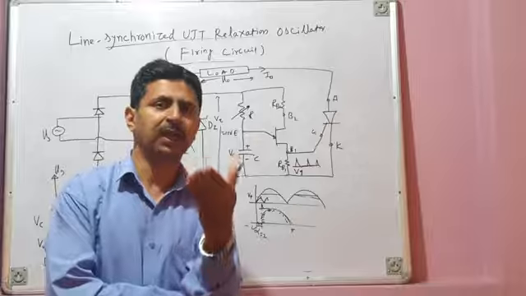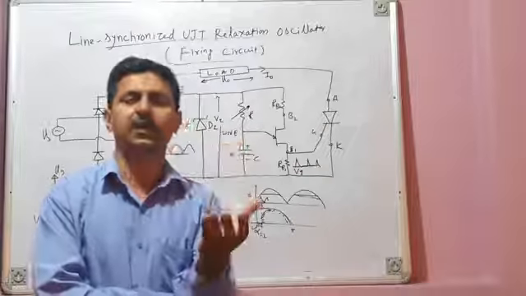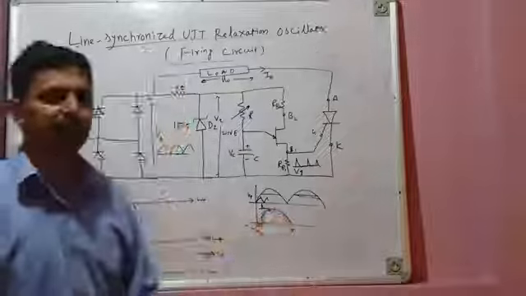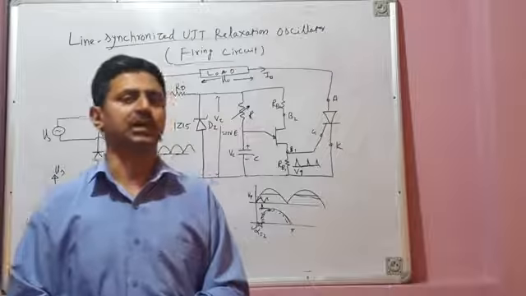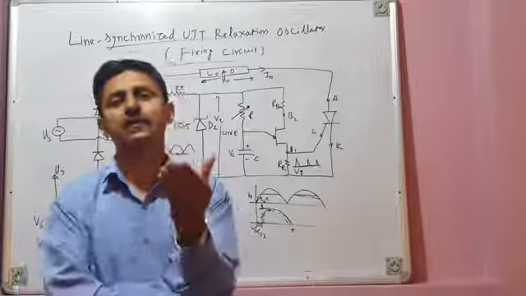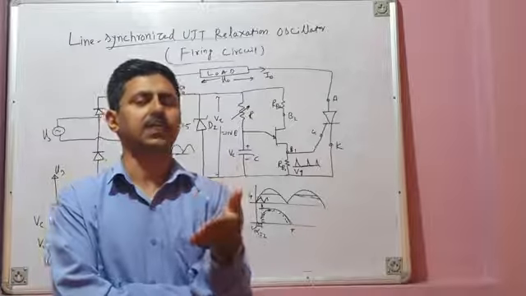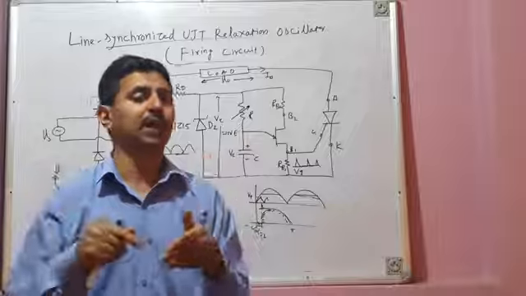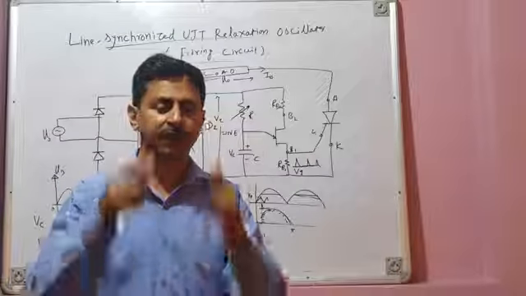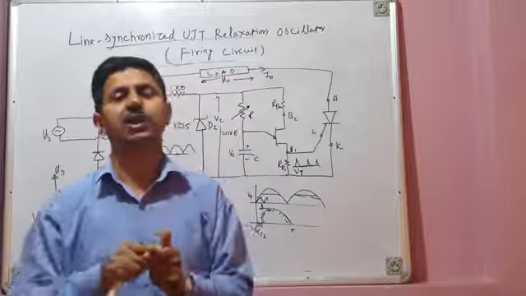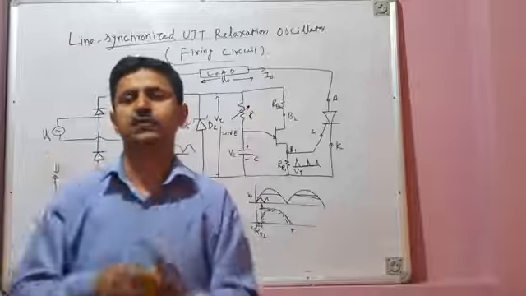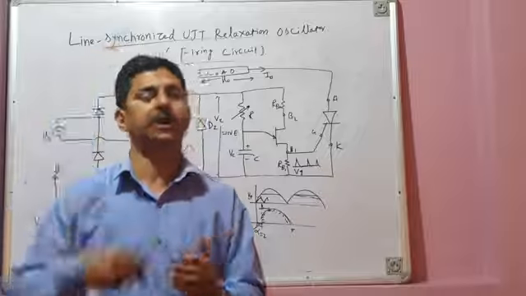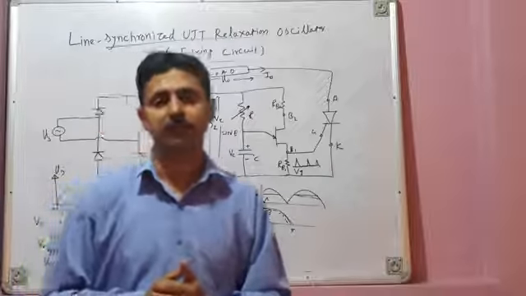So in gate pulse triggering, how to generate the firing pulses, there are many methods. I have shown you one method, and the method is using UJT as a firing circuit. In order to understand how to use UJT as a firing circuit, you have to first understand the structure of UJT and its operation. So we started with understanding the layer diagram of UJT, why it is called UJT, its internal structure, its principle of operation, and its VI characteristics, static emitter characteristics.